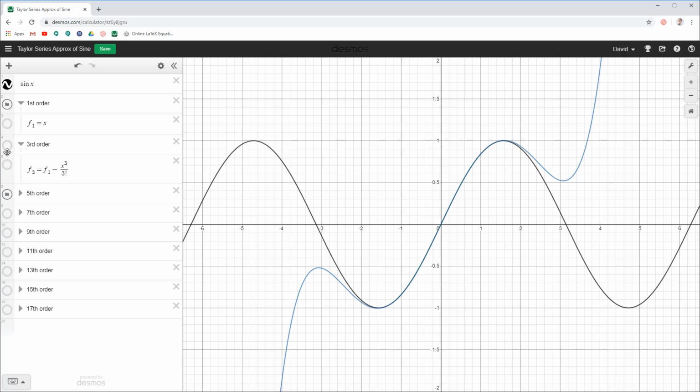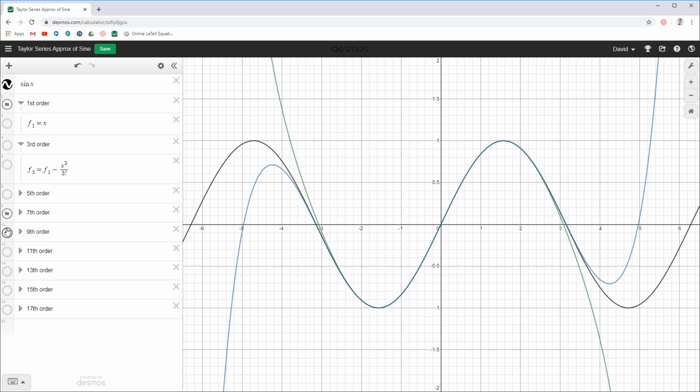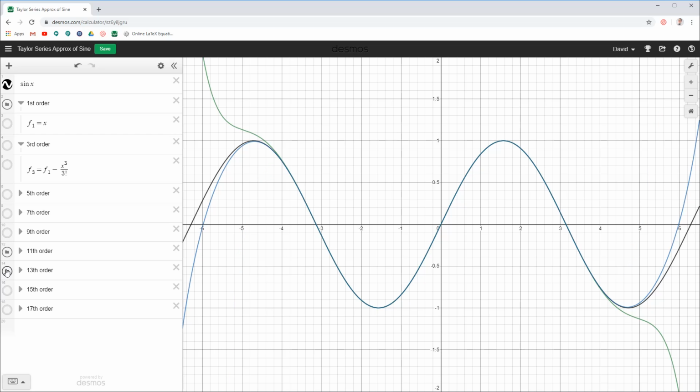And these approximations will continue to improve as we add more terms. So by the 17th order term, we have almost perfectly approximated sine of x on the interval -2 pi to +2 pi.